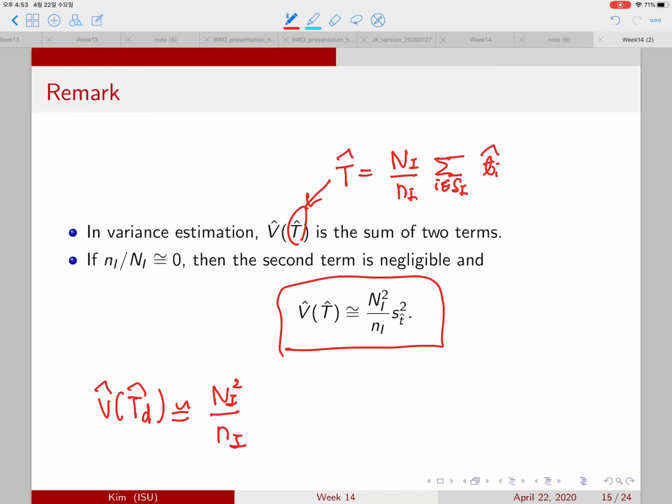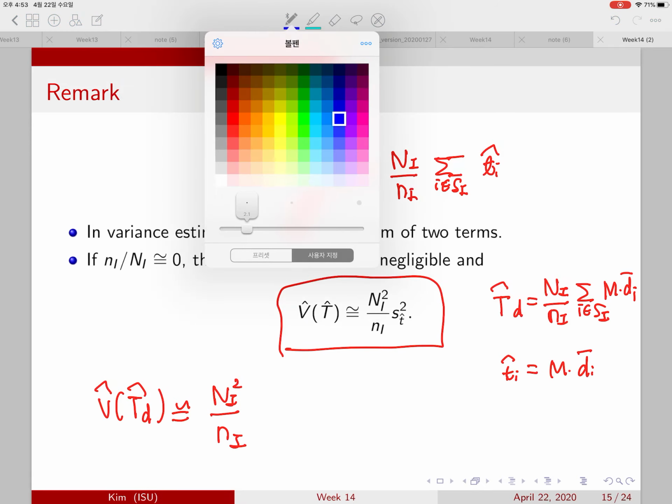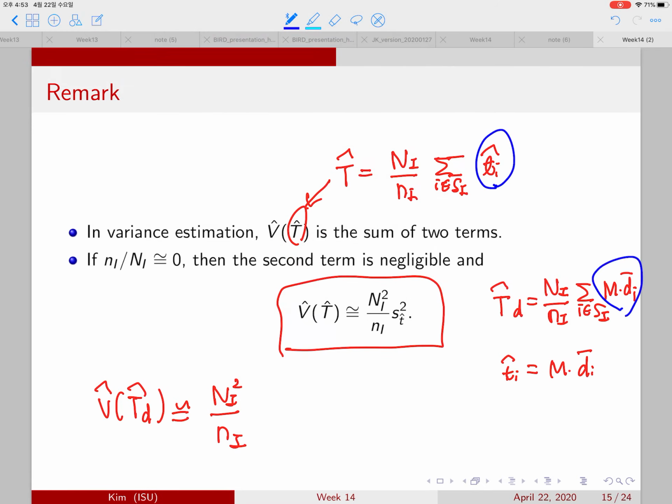And now t hat i is simply m times d bar i. So if you compare these two, you can apply this formula.